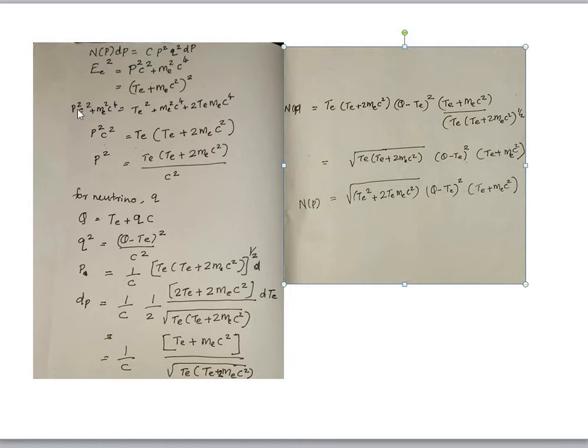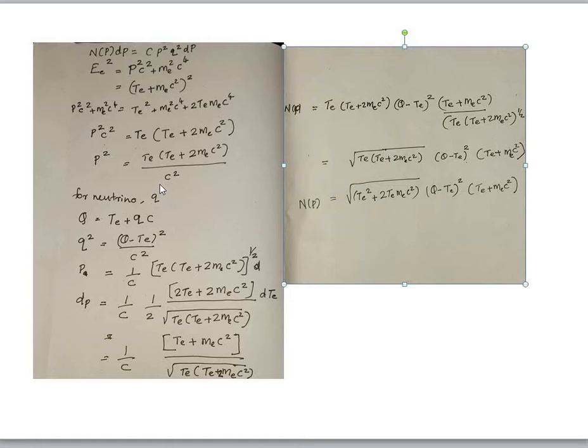When we expand this, p²c² + m_e²c⁴ equals, using (A+B)², T² + m_e²c⁴ + 2T m_e c². So p²c² can be written as T² + 2T m_e c², since the m_e²c⁴ terms cancel. T can be taken outside as common, so p²c² = T(T + 2m_e c²). So what is p²? It is nothing but T(T + 2m_e c²) divided by c².